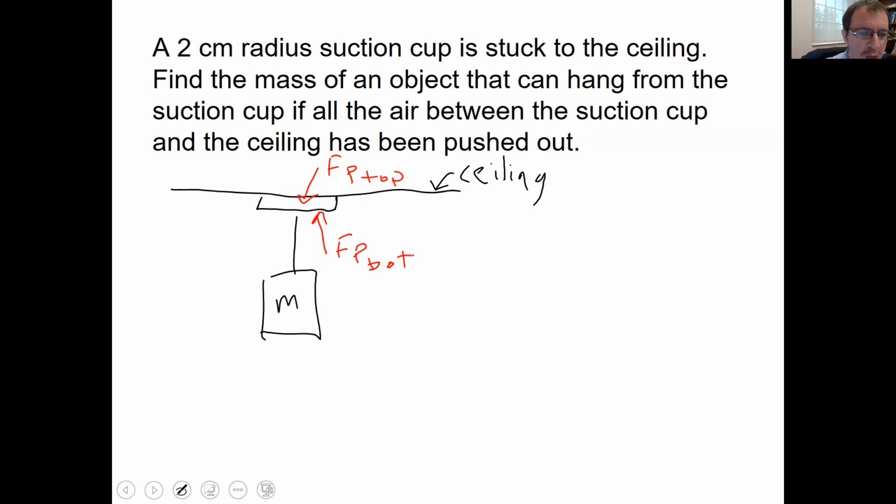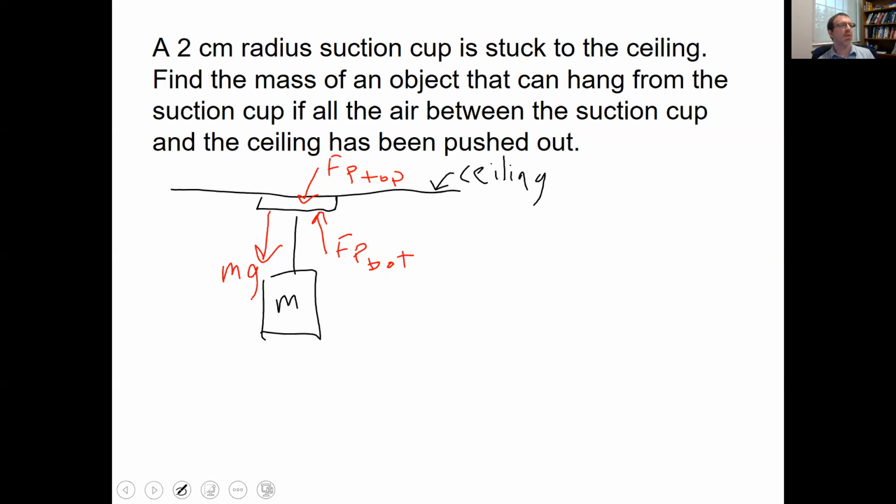What other forces could we have? We do have a weight force, mg, from our mass that we're suspending. And if I just have the suction cup up there by itself with nothing hanging from it, I'm going to have all kinds of force pushing upwards on that suction cup because of air pressure. So much force, in fact, that if it weren't for the ceiling there, it would just move upwards.